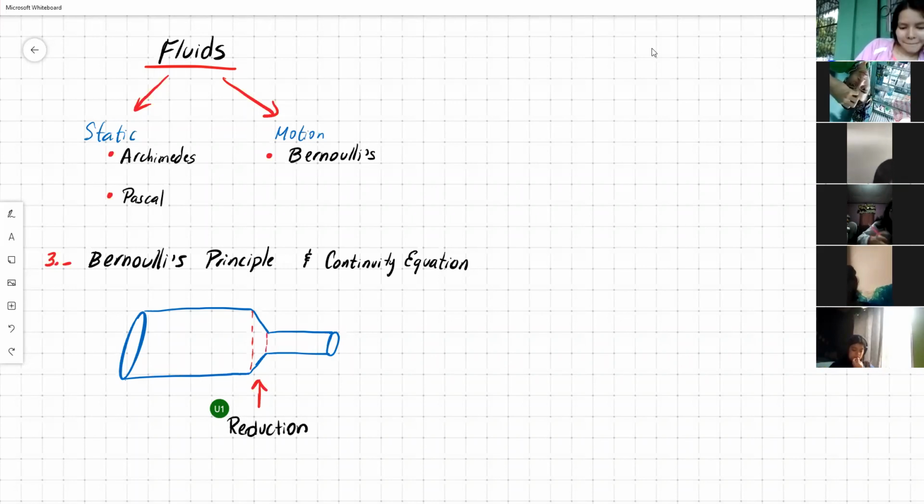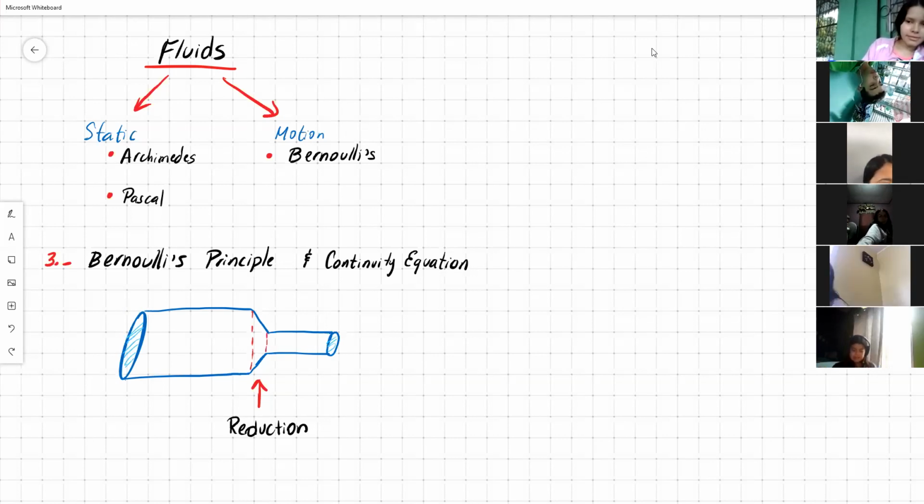A reduction of the pipe, a reduction of the area at which water flows, or any other fluid. So take a look. Pipes work in this way. The fluid is going to pass through the pipe, okay? So it's going to travel like this.